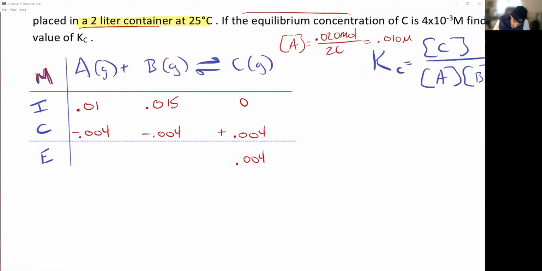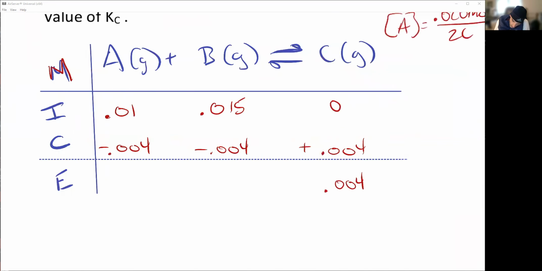And now we just simply focus in and do the math. 0.01 minus 0.004, let me just write that down, 0.01 minus 0.004 gives me a value of 0.006. Same thing for the other one, 0.015 minus 0.004 equals 0.011.